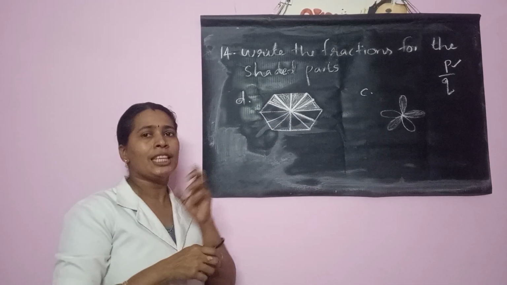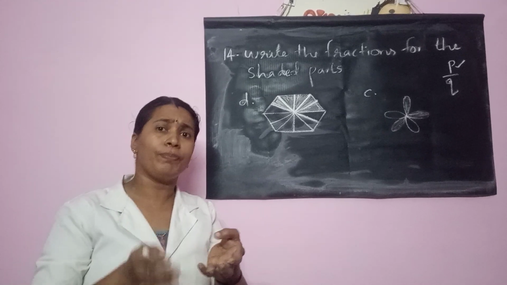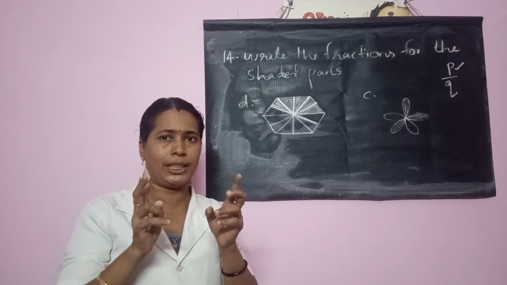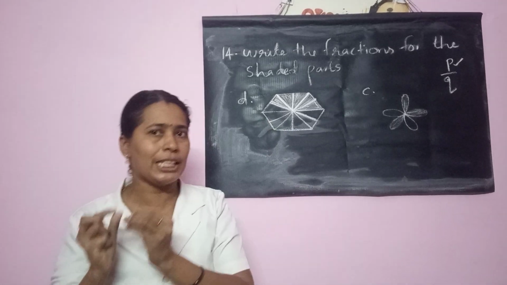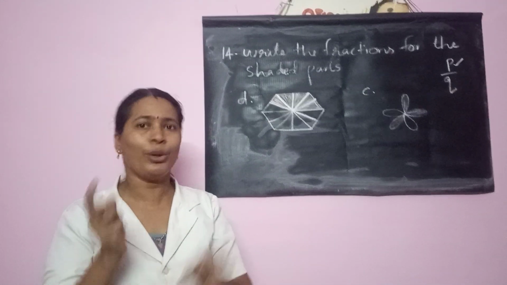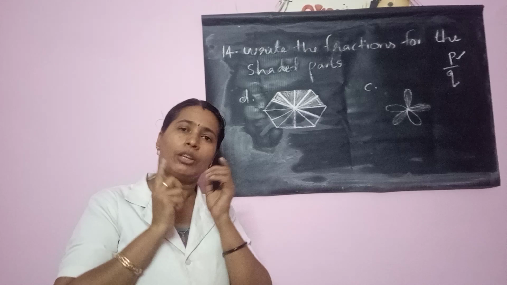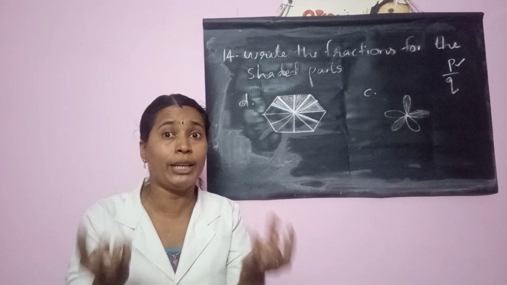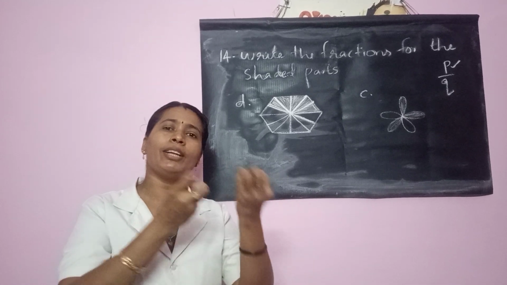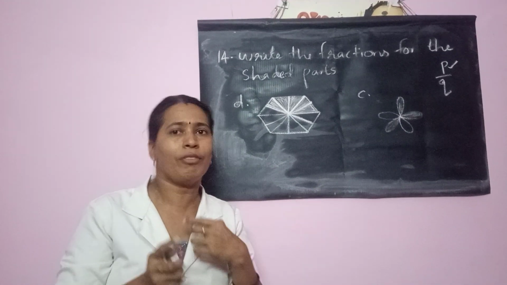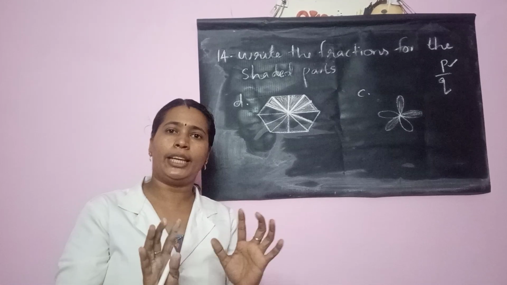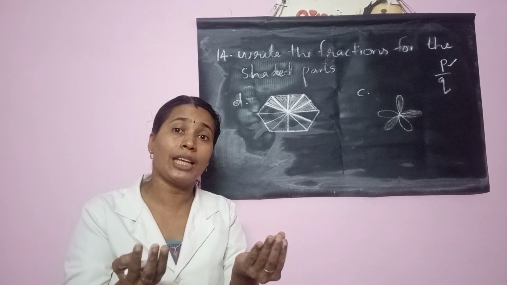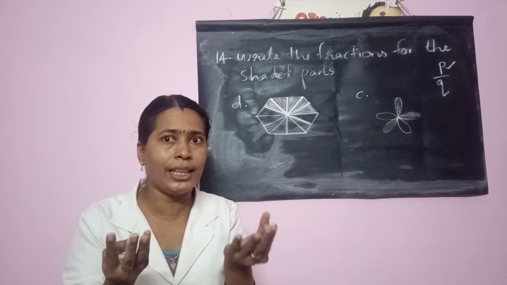Any part is not possible. Will you agree? Suppose your mother is taking an apple and dividing into 2 pieces. One piece is big, one piece is small. Will you agree? No, you won't agree. Because you will agree only when your mother is dividing it into two equal pieces. Otherwise, when the other piece is given to your brother or sister, will you agree? No. You will agree only when both the pieces are of same size and shape.